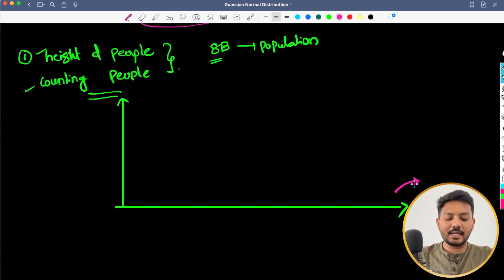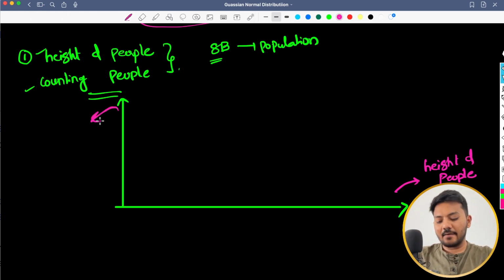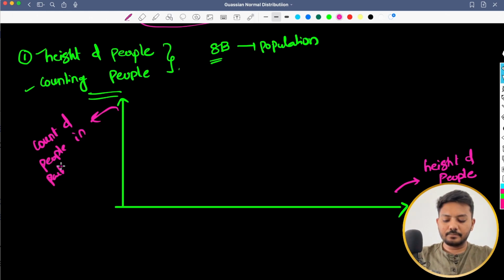So this axis, I will call it the height of people, and here I will call it the count of people in particular height. Okay, so let's say it starts from 0, 1, 10, 20, 30, 40, 50. So likewise I have up until 250.